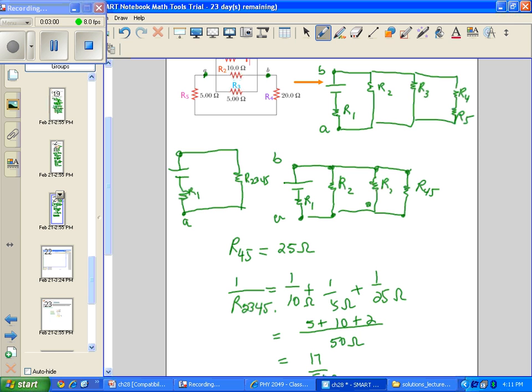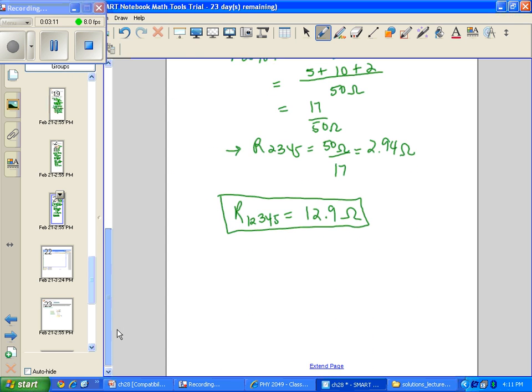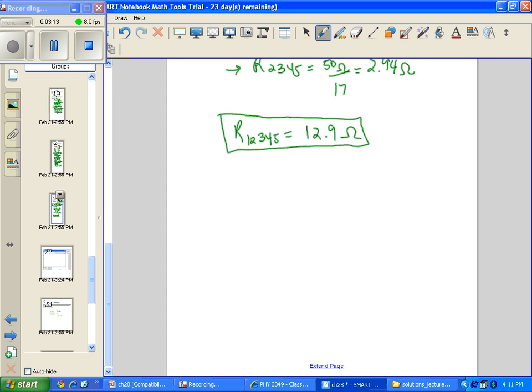The potential difference across this combination of resistors is the same as the potential difference across AB. So we no more than have to find delta V 2345, and we'll have the value for delta V AB.